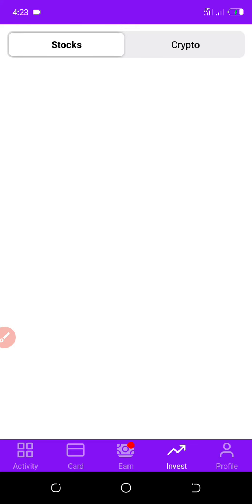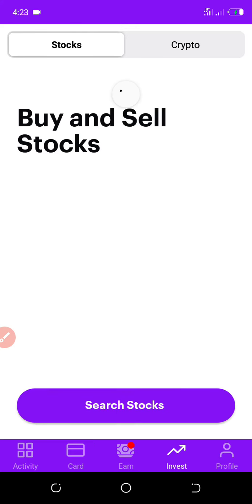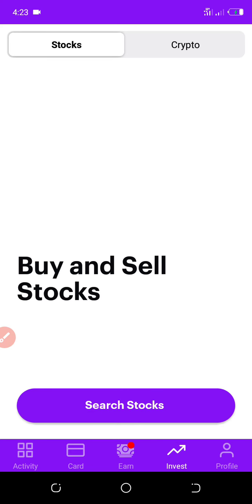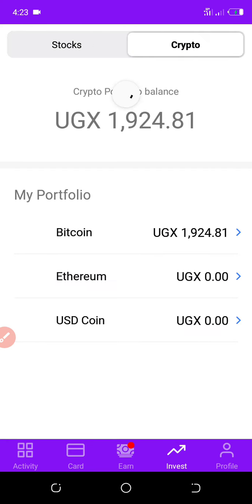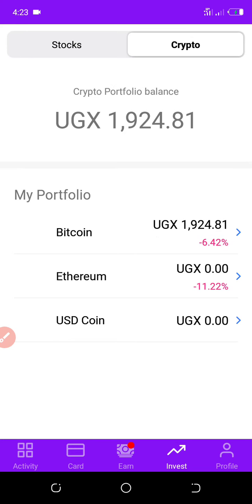You can invest in stocks, you can buy cryptos, you can invest in cryptos. As you can see, my crypto balance is 1,900. I was just checking out, buying and selling these cryptos.